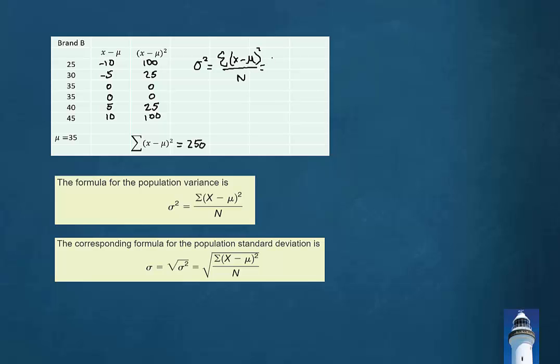This time, our variance will be 250 divided by 6, and we will wind up with a value of 41.7. Then finding the standard deviation by taking the square root of the variance, we find a standard deviation of 6.5.